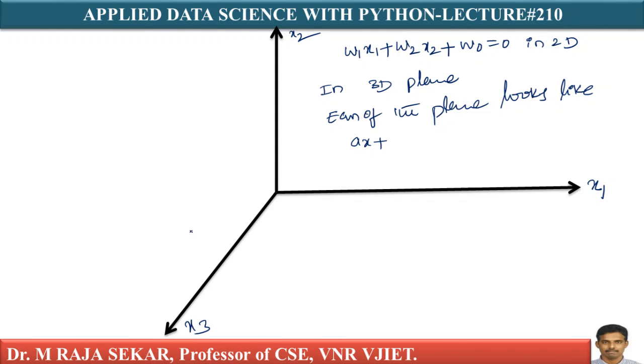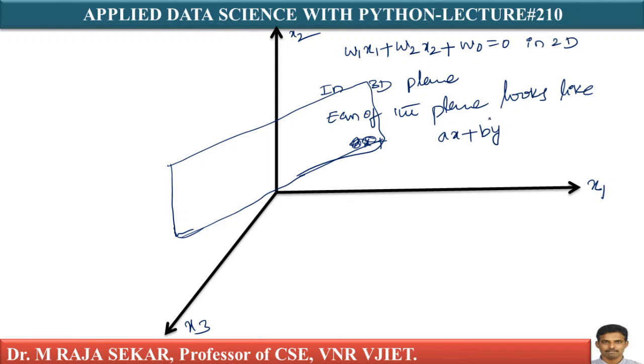Plane means you may have something like this. This is a plane, isn't it? Now, the equation of the plane may look like ax plus by plus cz plus d equal to 0. Can I write like this? Let's generalize it.